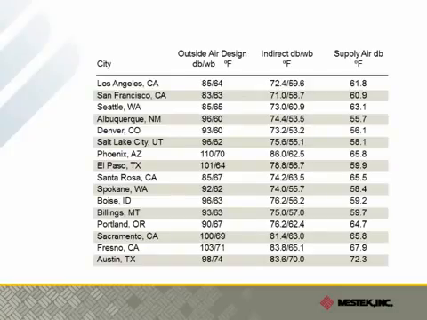Another way to evaluate the Aztec ASC product is to see how it would perform in a typical U.S. city. The worst case scenario here, Austin, Texas, still would provide server inlet temperatures that are well within even the more stringent ASHRAE 9.9 guidelines.